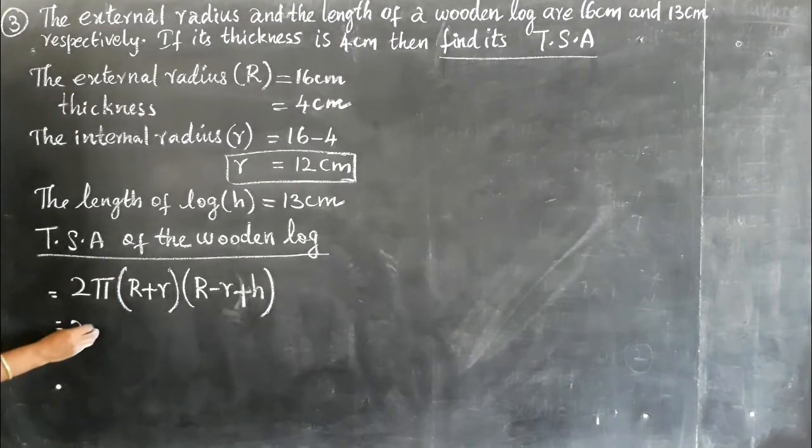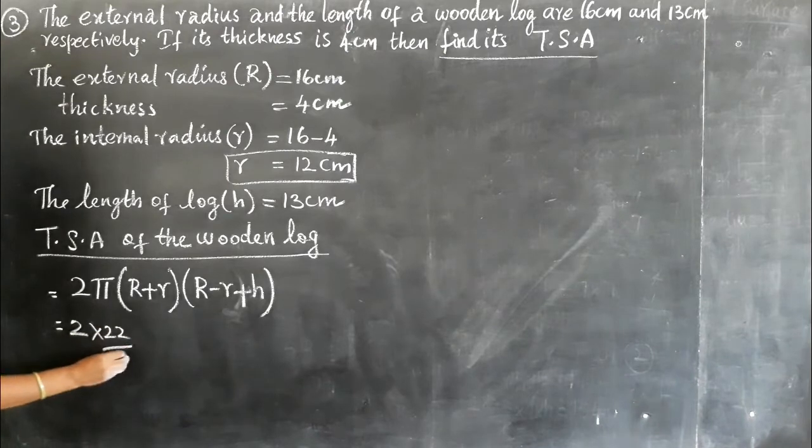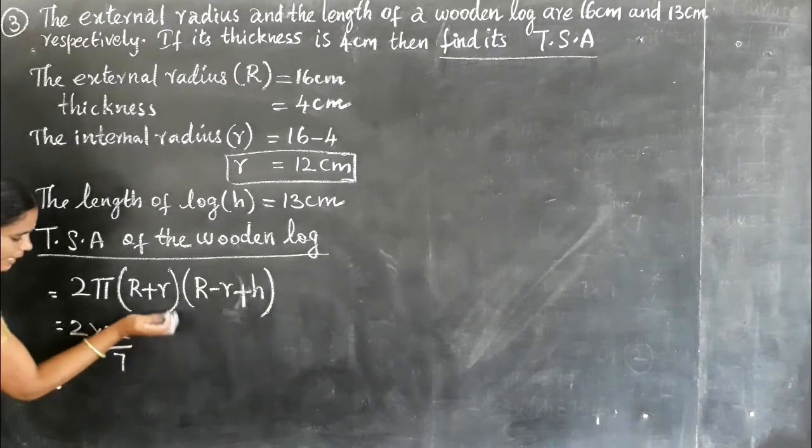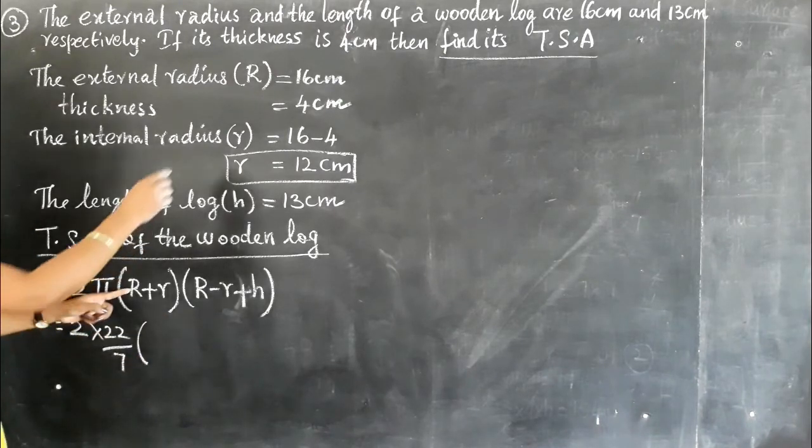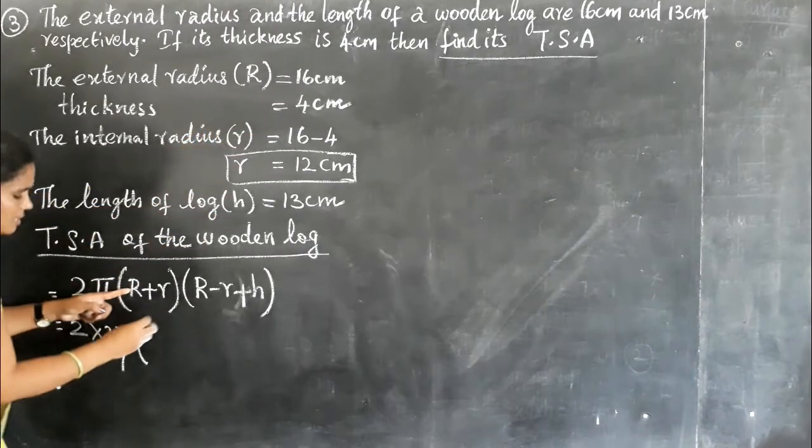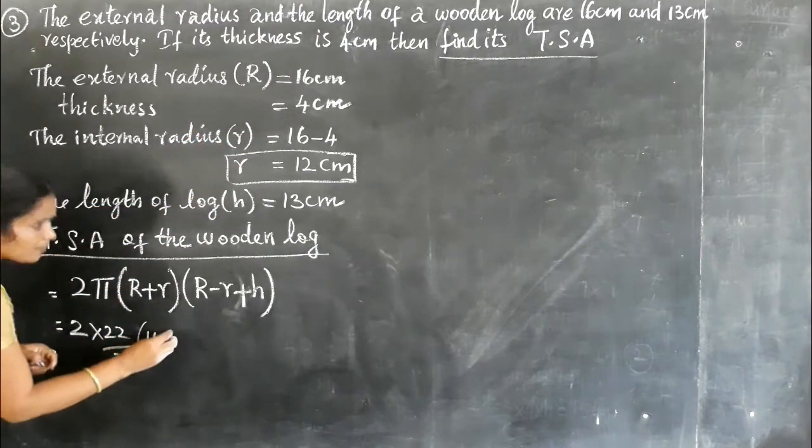So 2 into 22 by 7, within bracket take capital R and small r. Capital R that is 16 plus small r that is 12.